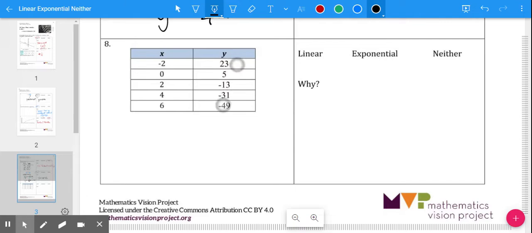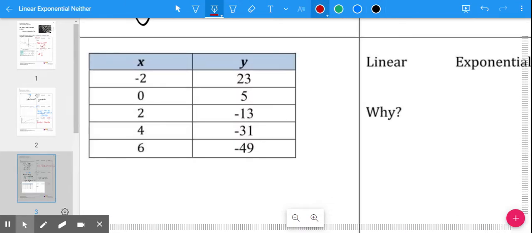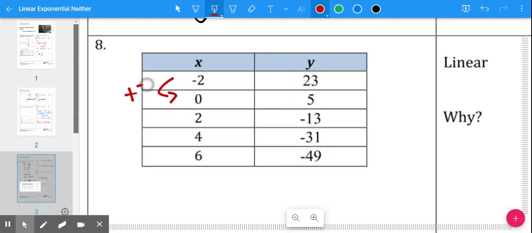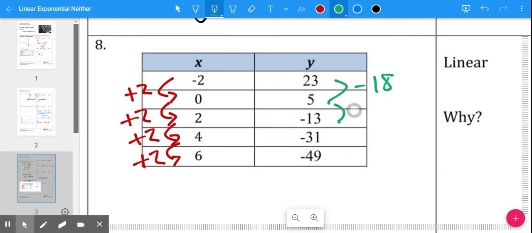So when we move on to the next one, the first thing I notice is that my x values are increasing by 2. The y values are decreasing by 18.